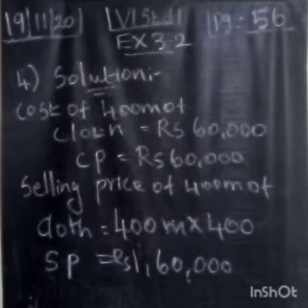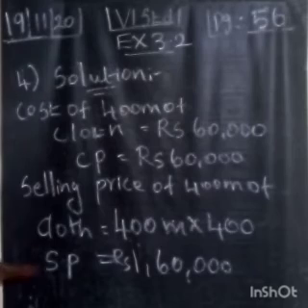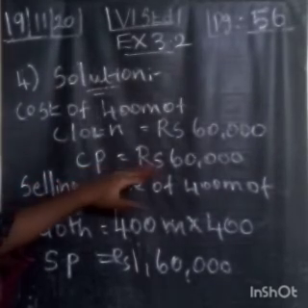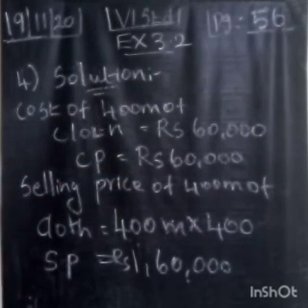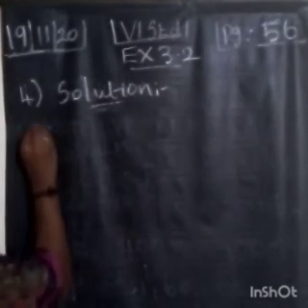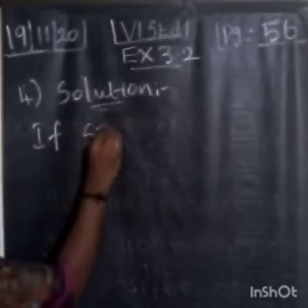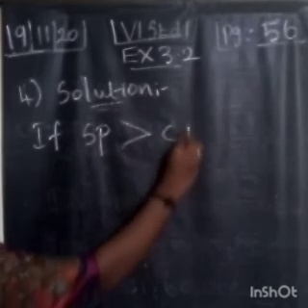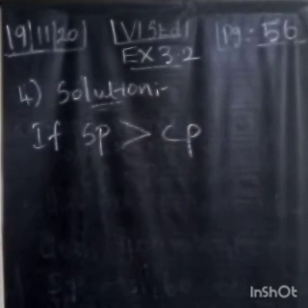And here, what do we have to find? Find his profit or loss. First, compare the CP and SP. CP equals rupees 60,000 and SP equals rupees 1,60,000. Which one is higher? Definitely SP is higher. If SP is greater than CP, it is a profit.